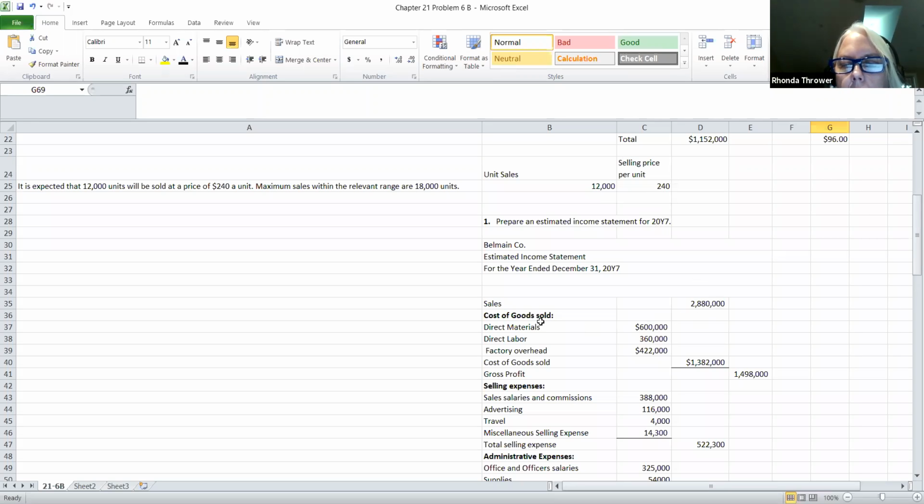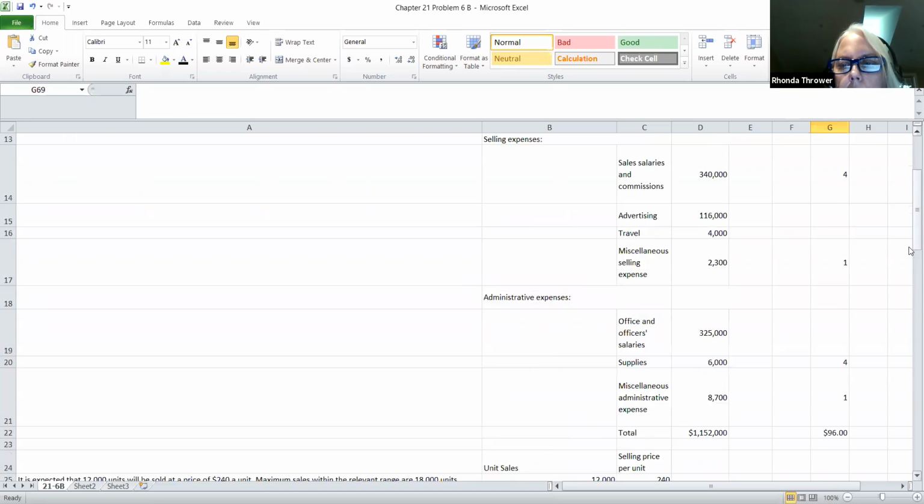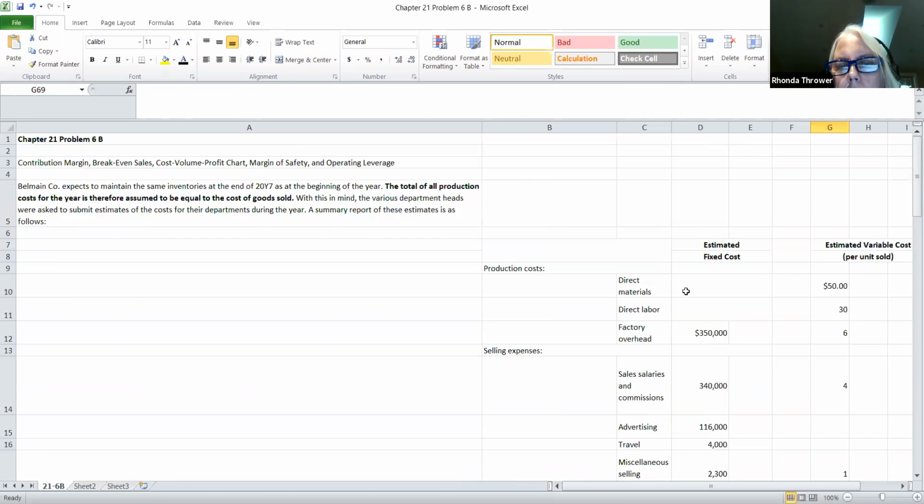Now, to find the cost of goods sold, you'll remember they told us that the cost of goods sold was made up of the production cost. So the production costs were your materials, your labor, and your overhead. Notice for materials, there is no fixed cost because materials are going to be a variable cost.